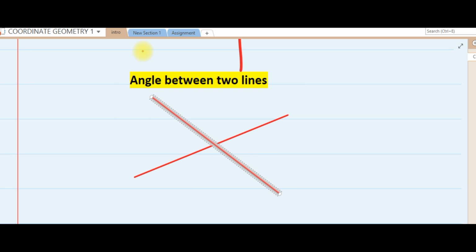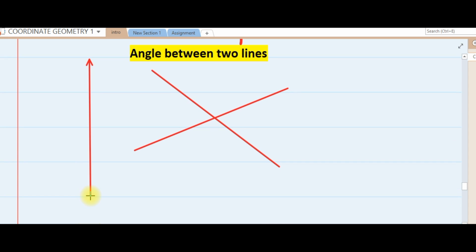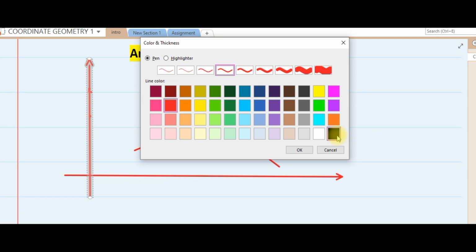So let's just draw the axis. Let's change this to black.